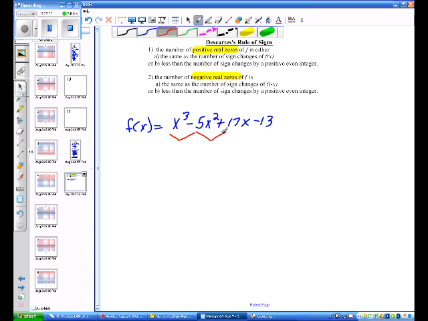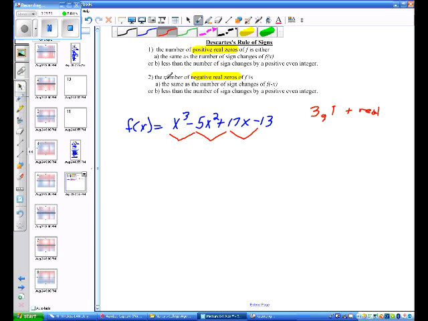This was negative, this was positive, so a sign change. This was positive, this was negative, so a sign change. So we had a total of 3 sign changes. So we're going to have 3, the number of sign changes, or that number less a positive even integer. Our positive even integer is 2, so 3 minus 2 is 1. So we're going to have 3 or 1 positive real roots.